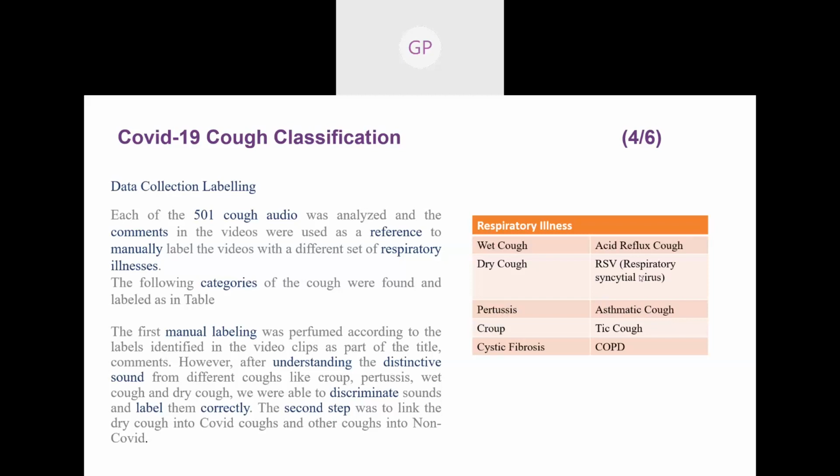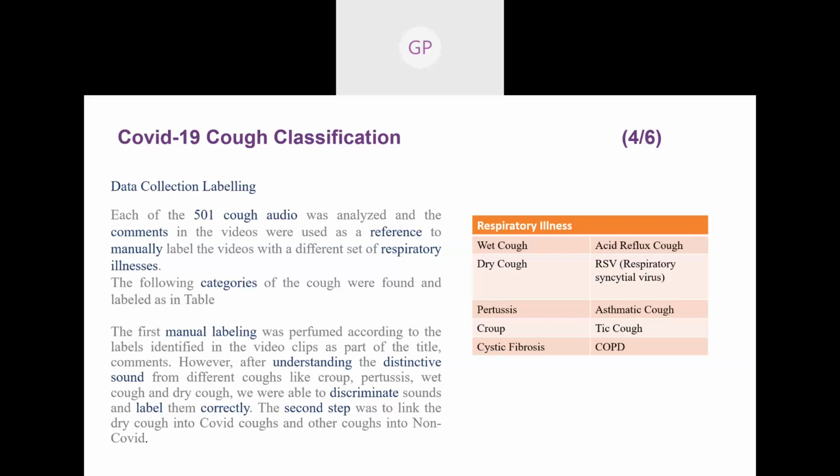So when we did all that, we found that around 490 cough audios we were able to label clearly as to whether they were a croup or a pertussis cough, pertussis cough is also called whooping cough, or whether they were wet or dry coughs.